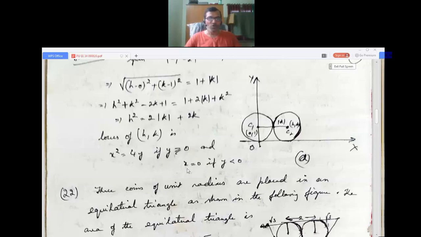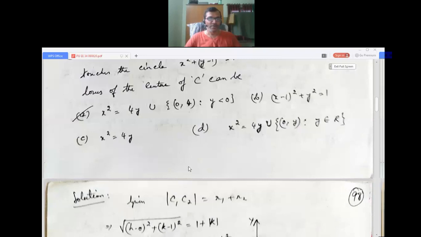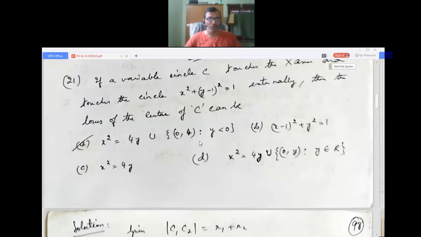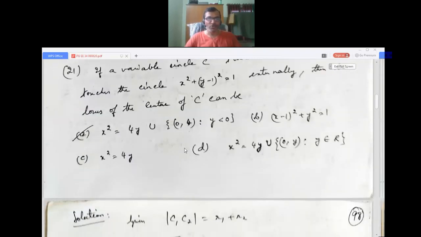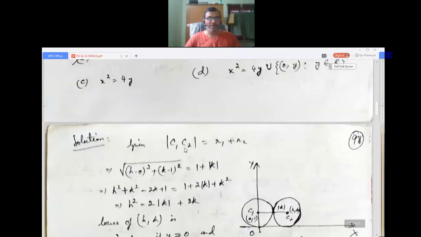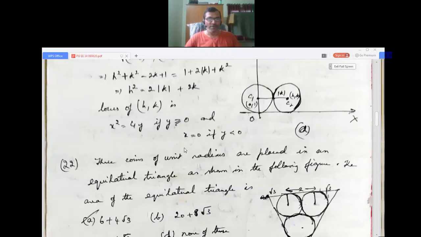Okay. So for this, the best option is the first option, x squared equals 4y, then union of the set of all 0 comma y such that y less than 0. Hope you followed it. A little bit of logic you require here. Once again I will explain that.